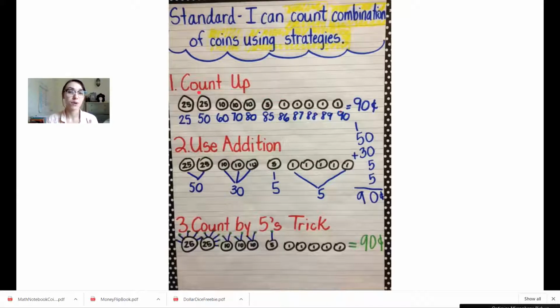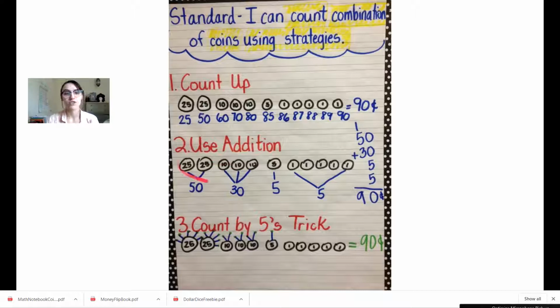And they also put those coins in order from the biggest value to the smallest value. After they sorted and organized their coins, they counted or skip counted to get the total value. 25, 50, 60, 70, 80, 85, 86, 87, 88, 89, 90.